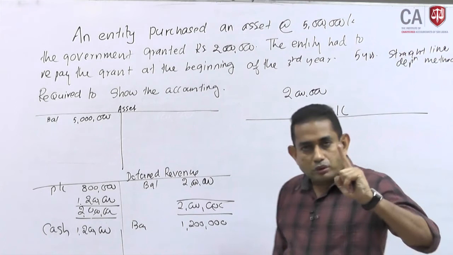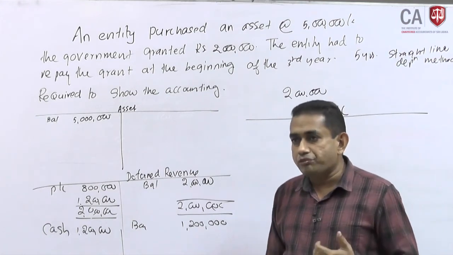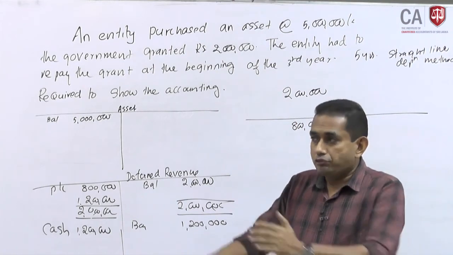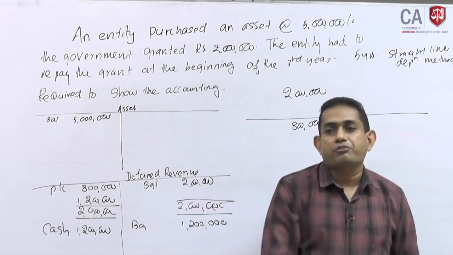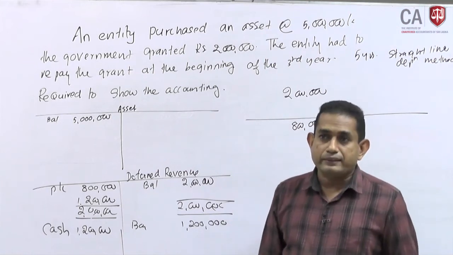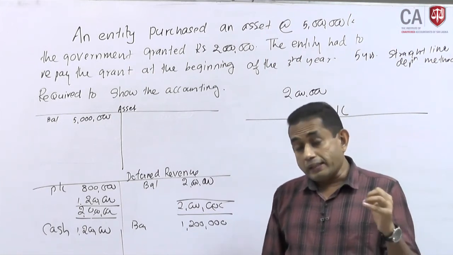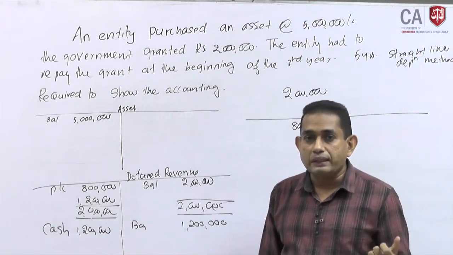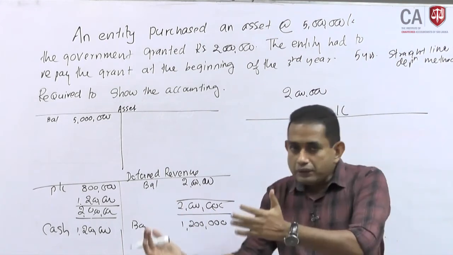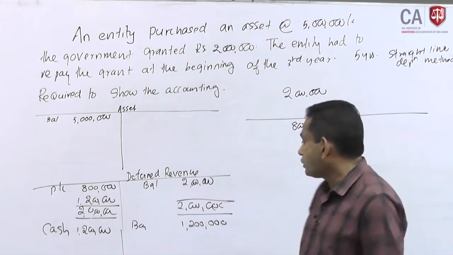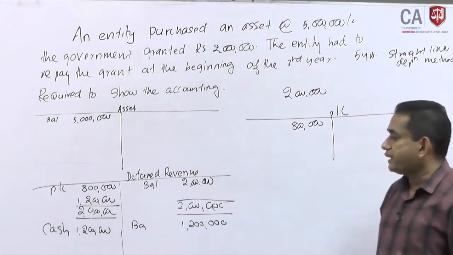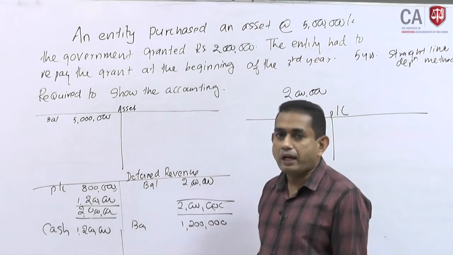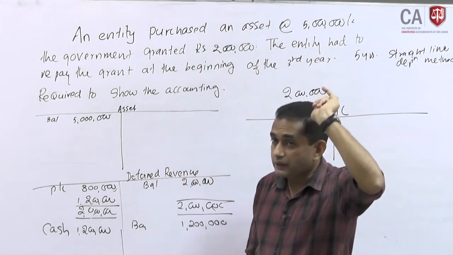The 800,000 rupees of deferred revenue recognized to profit and loss over the last 2 years will be withdrawn from the profit and loss at once, instantaneously. You credited profit and loss by 800,000 rupees over the last 2 years.